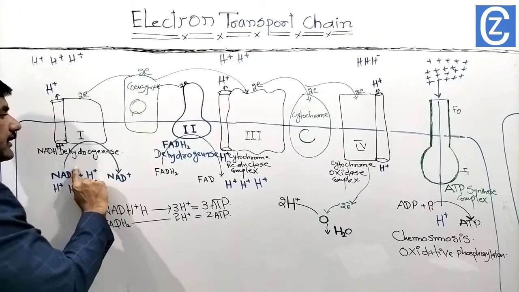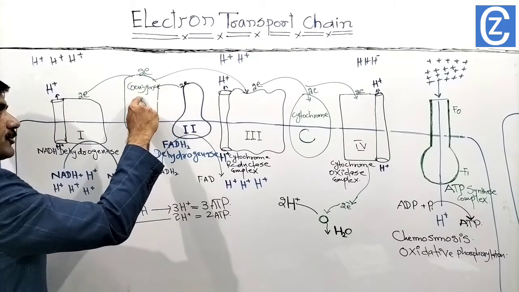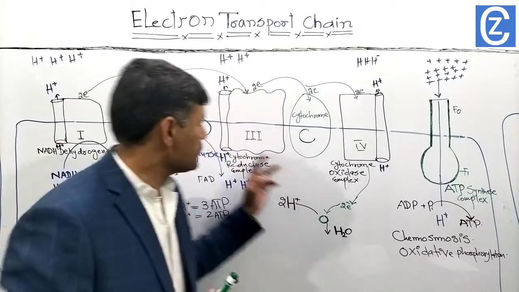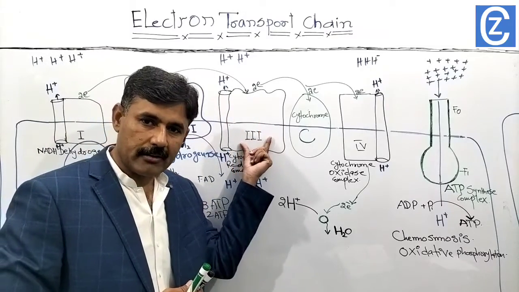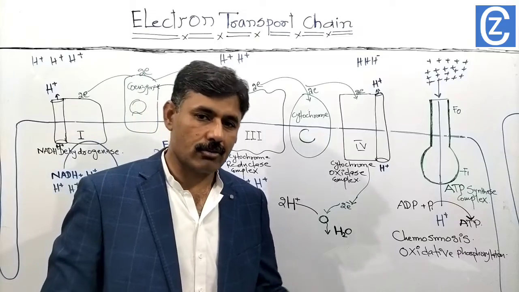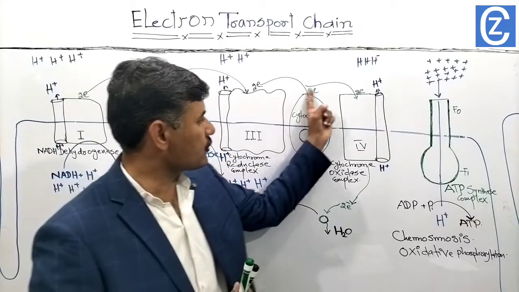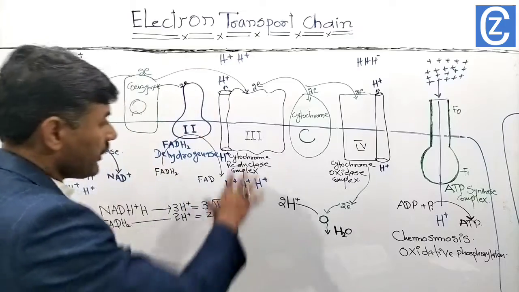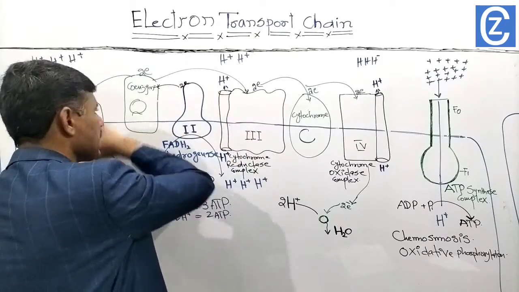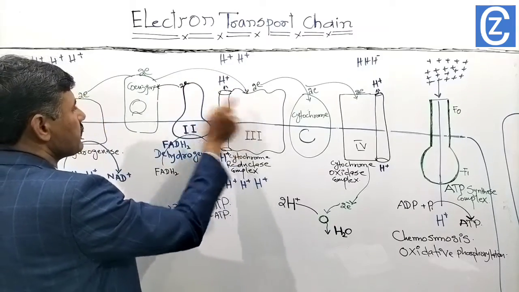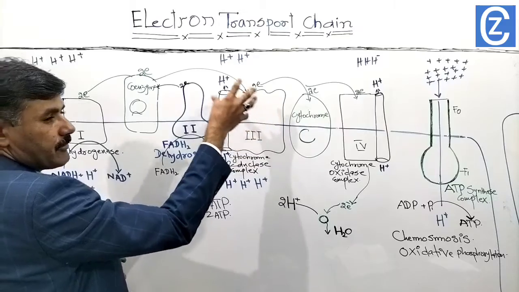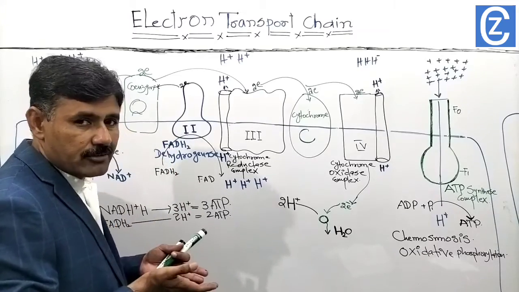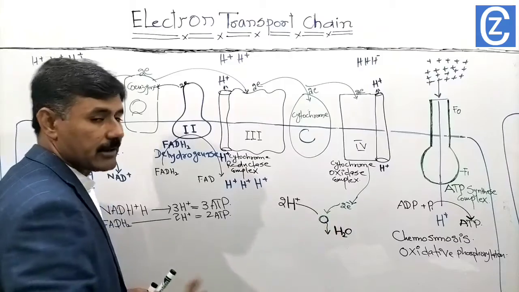Electrons, either coming from NADH or from FADH2, will come to coenzyme Q. This coenzyme will transfer these electrons to another complex called complex 3, the cytochrome reductase complex, because it will receive electrons and reduce cytochrome C. When the cytochrome reductase complex receives electrons from coenzyme Q, whether originally from NADH or FADH2, it not only receives electrons, it receives protons as well, and it pumps protons one way and electrons another way.